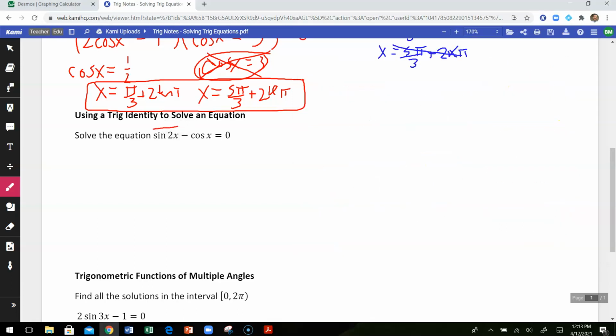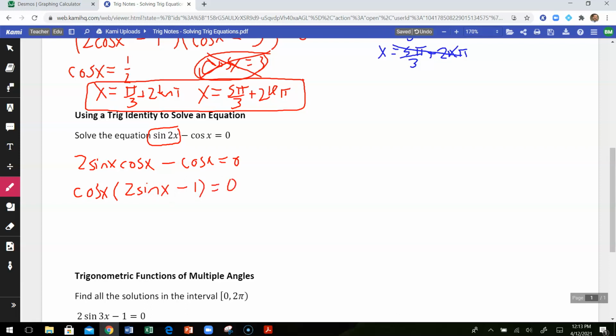So I'm going to replace this with 2 sine x cosine x. I'm going to keep the rest of it the same. Minus cosine x equals 0. Then I'm going to factor out a cosine x. Both of those terms have a cosine x. And that would leave me with 2 sine x minus 1 equals 0.